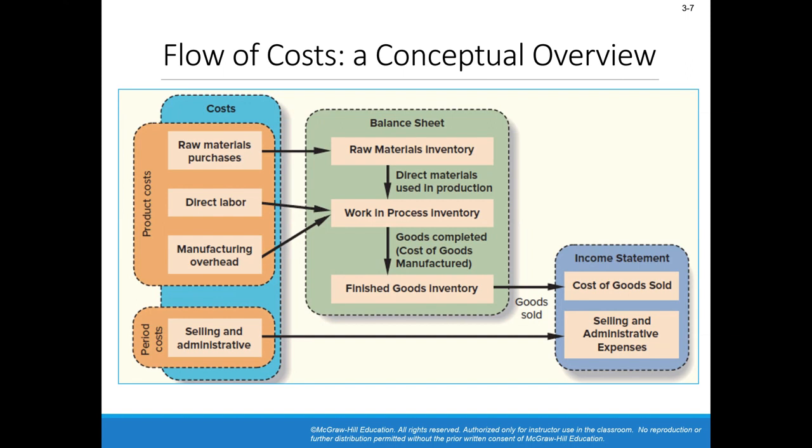And then when we're finished, that cost of goods to complete, which is the cost of goods manufactured, is going to be pulled out and moved into finished goods, which is also an inventory account. Okay, so you see them all sitting on the balance sheet. So this is just what I was talking about, but this kind of gives you a visual, and I think this is a good screen.